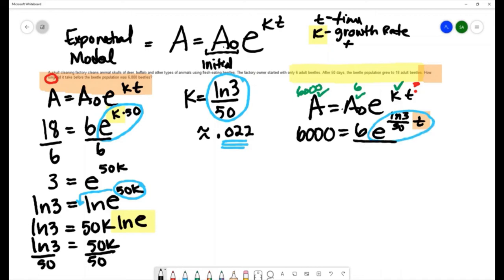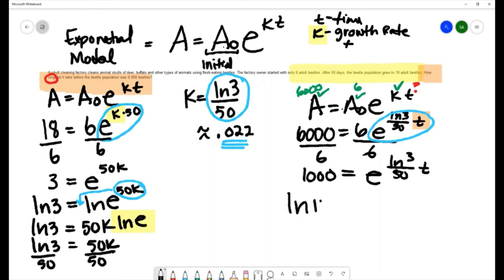We're going to divide both sides by 6. That's 1,000 equals e to the natural log of 3 over 50 t. Once again, I'm going to take the natural log of both sides to solve the equation.